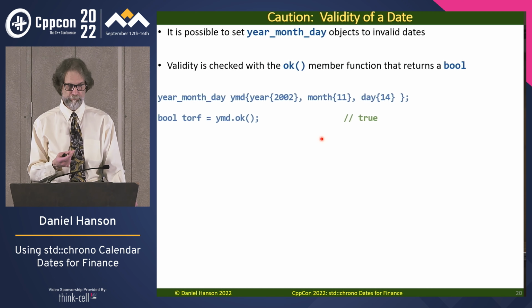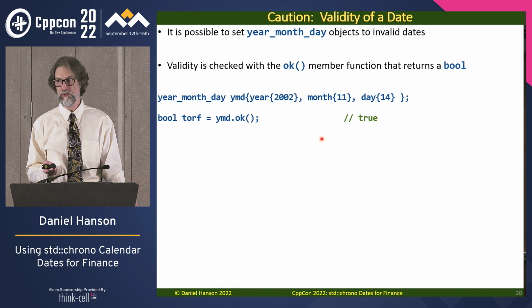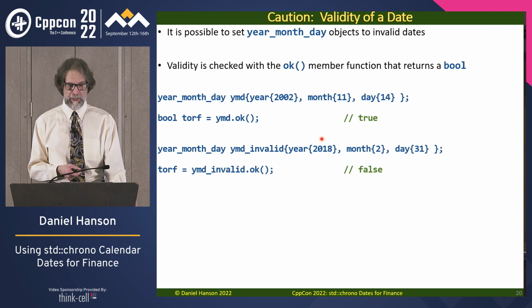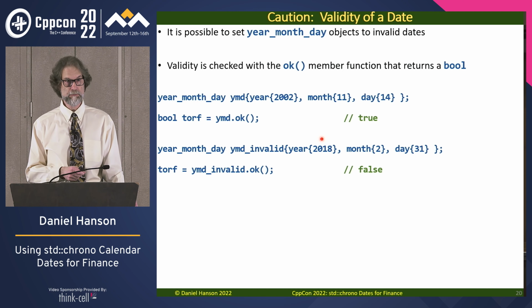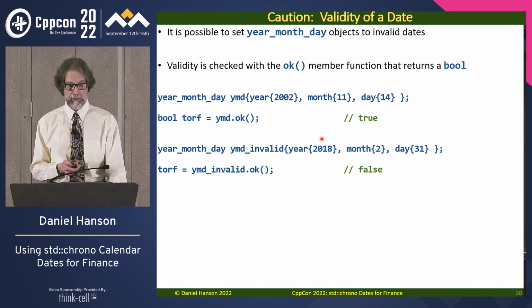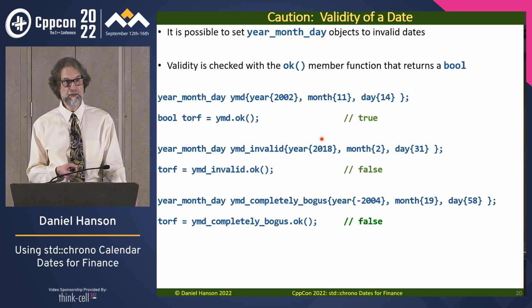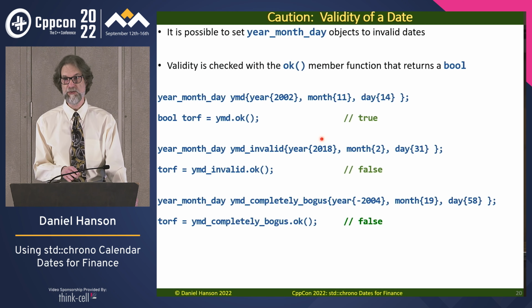So for example, we construct the same date as before. ok, it's true. It's fine. But if you try 31st of February, that's invalid. Call ok, and it will tell you it's false. And you could even enter something just completely ridiculous, like you see here. But these last two statements, these will compile and run. So it's just something you need to be aware of. It's up to you to check.